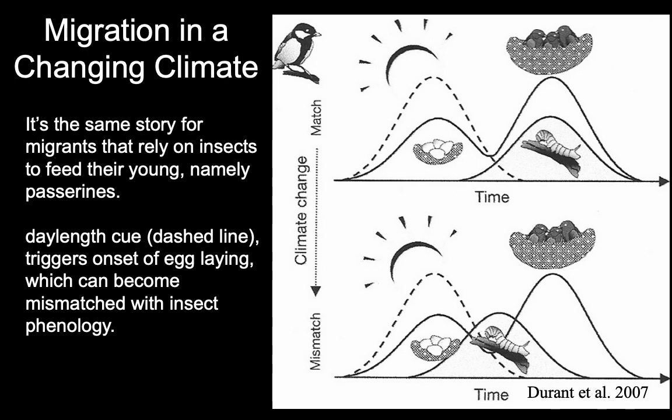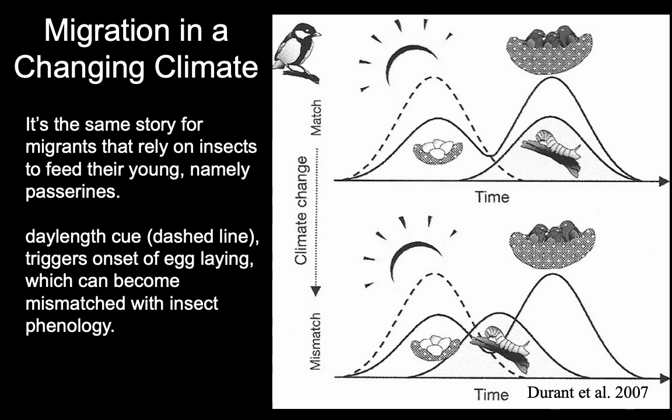And so day length cue, which is the dashed line that you see here in the upper left, we're looking at the one in which everything's in sync and everything is matched up. The day length triggers the onset of migration and egg laying. And this isn't even necessarily the case only for migratory birds. We get mismatch in non-migratory birds as well, but this is an example of a migratory species.